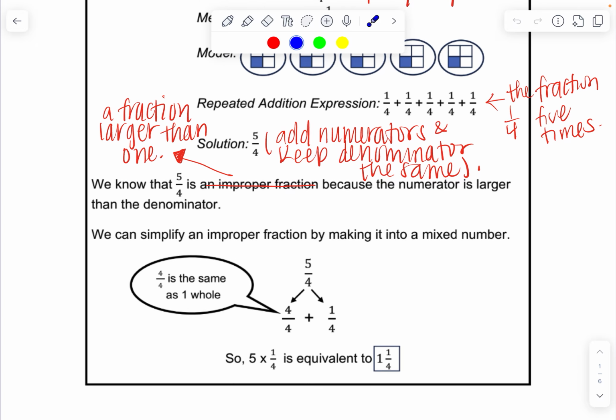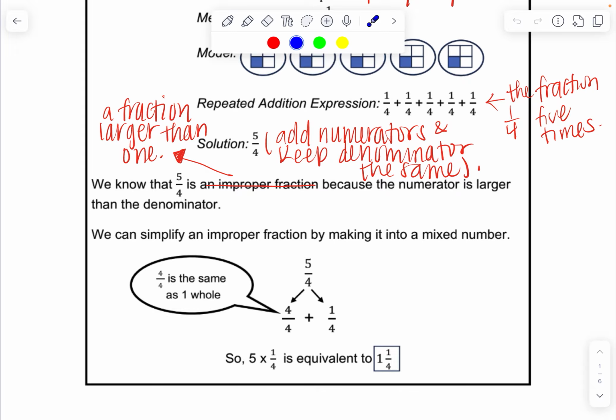Okay, and then we're really going to push students today. And I would say that this is probably the learning that you want to make sure students have solidified: we want to make sure that students are changing those fractions that are larger than 1, right? Don't say improper fraction. We want to make sure that students are changing those fractions that are larger than 1 into a mixed number.